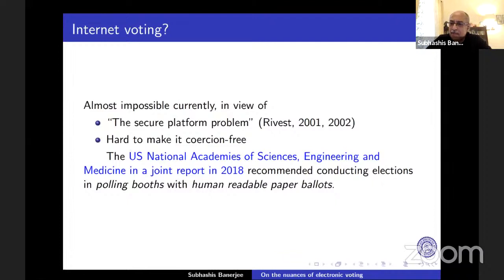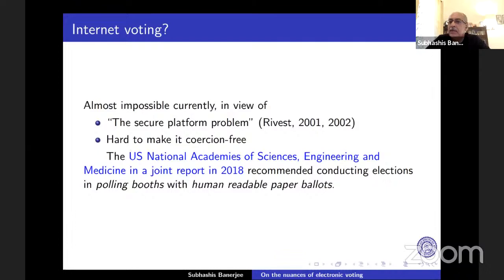And lots of people are thinking of internet voting. In computer science, the current consensus is that it's almost impossible because of two problems. I think Ornette in the last talk alluded to the second one, that it's impossible to make it coercion free. I think she said that women in the family are coerced by the men in the family to cast votes in certain ways. So if you want to vote for another party and your husband thinks that you should vote for a different party, that becomes difficult for women.